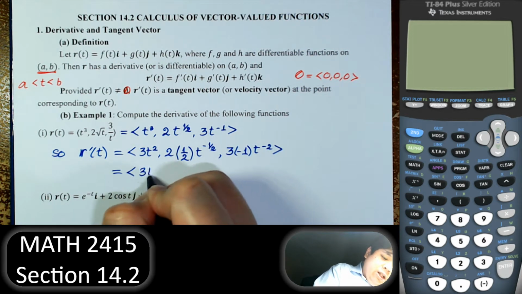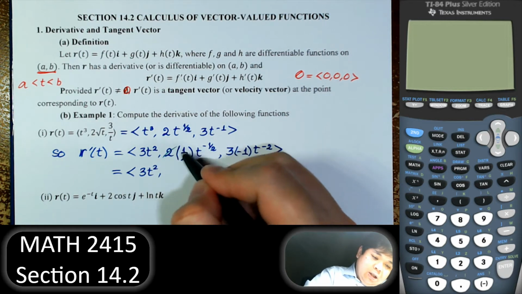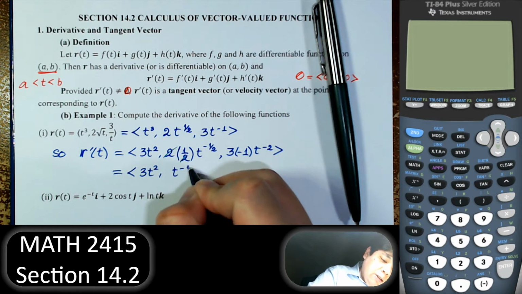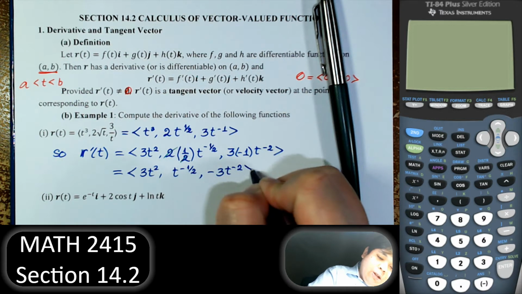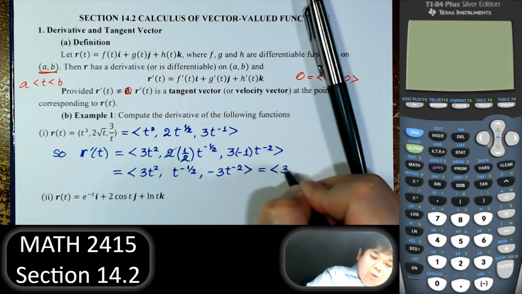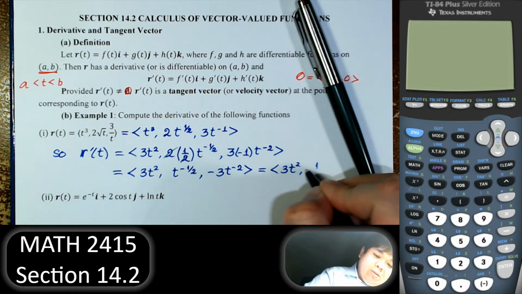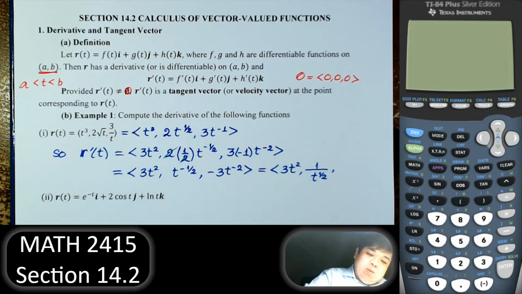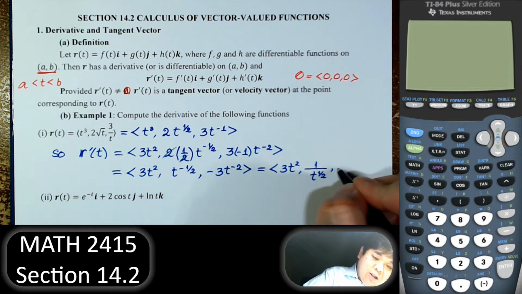Rewrite this: we have 3t squared, the 2 and 1/2 cancel out, so just t to the -1/2, and -3t to the -2. We rewrite this as 3t squared, t to the -1/2 we move to the bottom, becoming t to the 1/2, and we don't do any more derivative, we just rewrite, so move the t to the -2 down, becoming t squared.